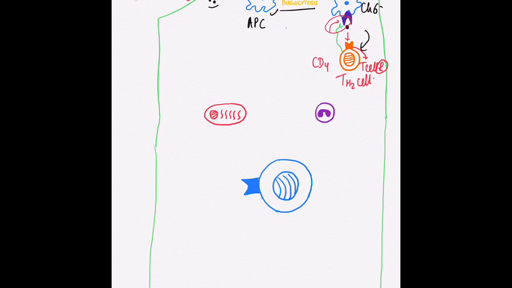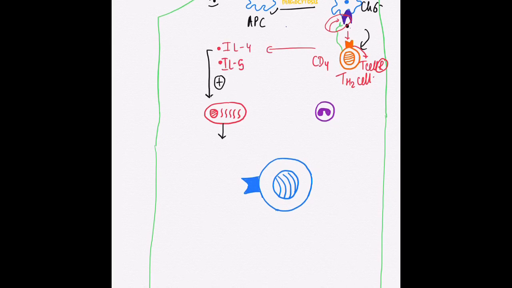Now, upon this interaction, the T helper 2 cell undergoes inappropriate type of reaction and produces two important chemicals, interleukin 4 to produce specific antibodies which are IgE antibodies, and these antibodies will go to the mast cell or the basophils and bind to them.